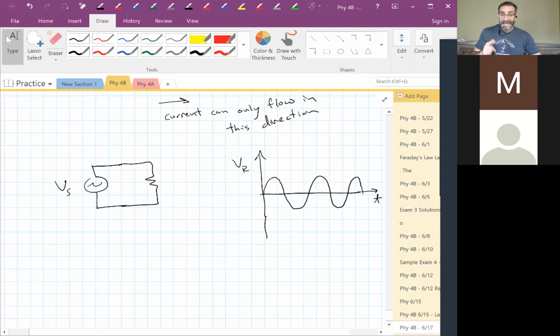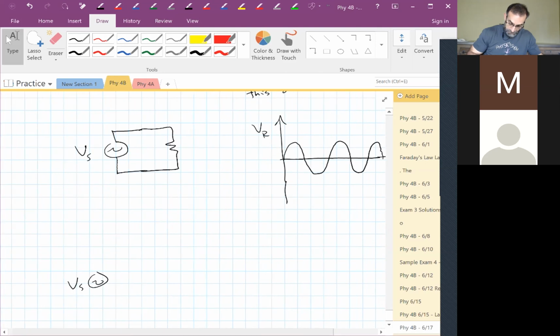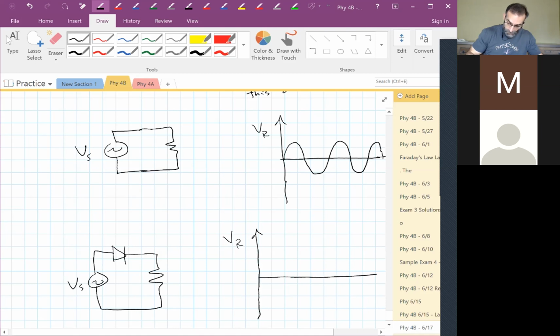Now let's add a diode. So we've got our source. What's it look like now?